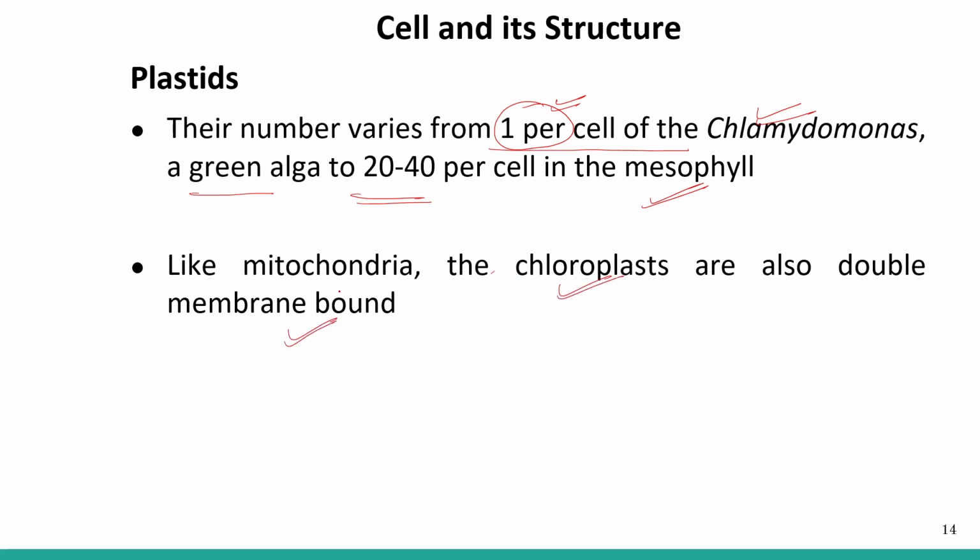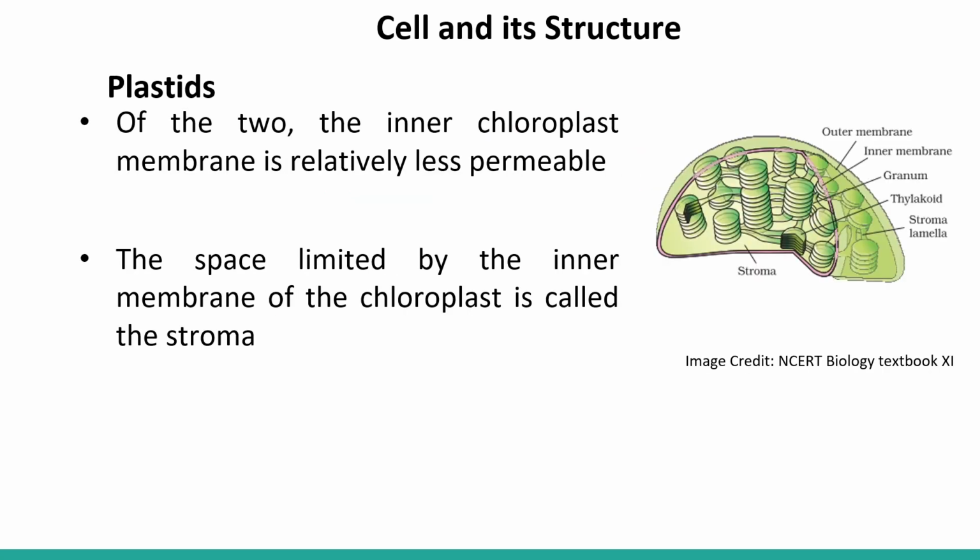If we see the inner structure of plastids, like mitochondria, they are also double membrane organelles. Here you can see the outer membrane and the inner membrane. Of the two, the inner chloroplast membrane is relatively less permeable, but the outer membrane is highly permeable.